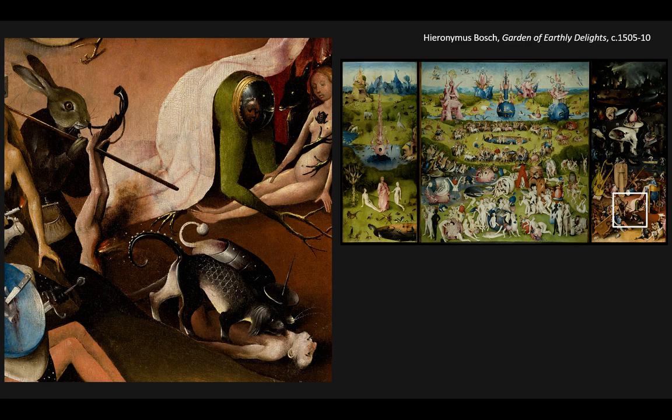The rabbit is hunting people, and you see his dogs now attacking a person directly in front of him. The tables are turned. The man who once hunted rabbits is now the hunted. Another person has been strung up on that lance, his stomach erupting. He's the prey that the dogs have already caught.